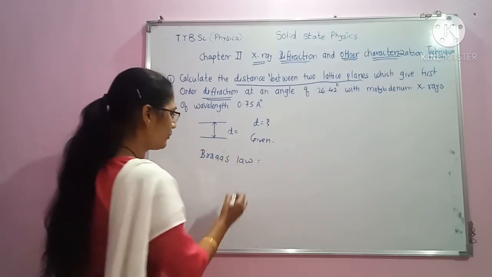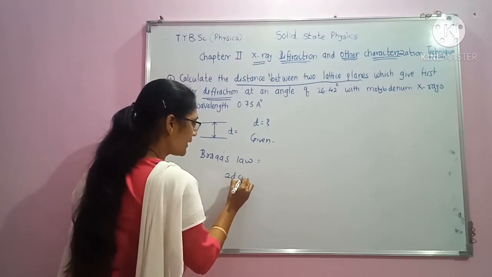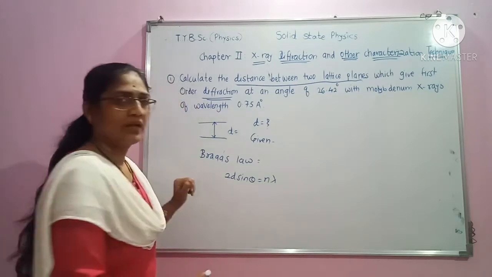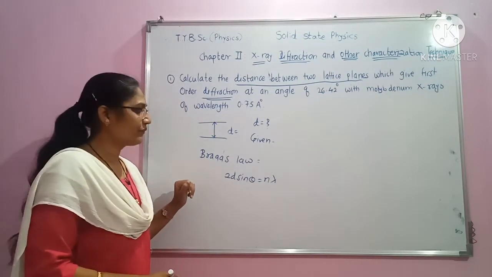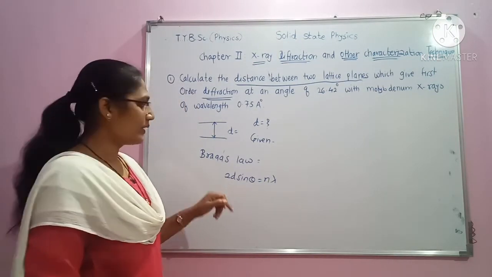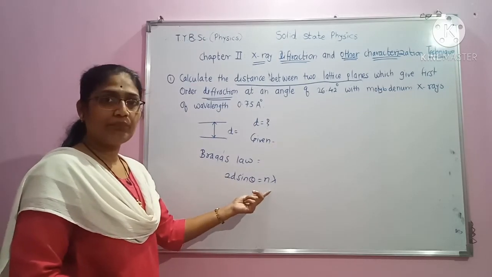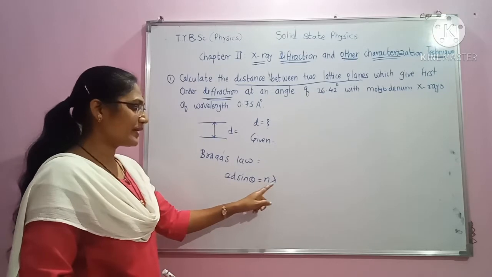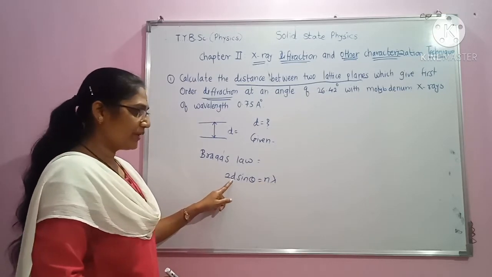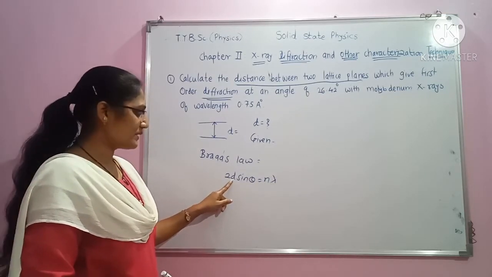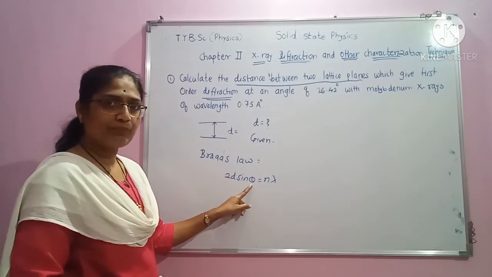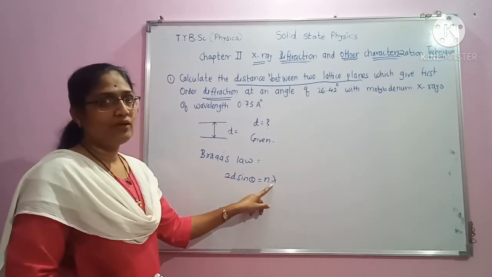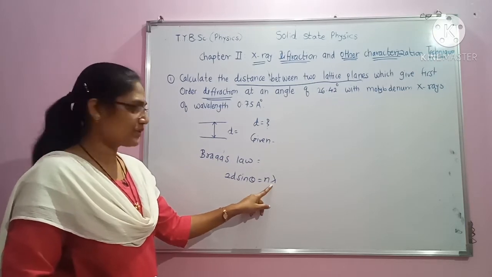Bragg's law is nothing but 2d sine theta is equal to n lambda. Reflected X-rays will be in phase if the path difference between them is an integral multiple of lambda. So 2d sine theta is equal to n lambda, where d is the interplanar distance, theta is the angle of diffraction, n is the order and lambda is the wavelength of the X-ray used.